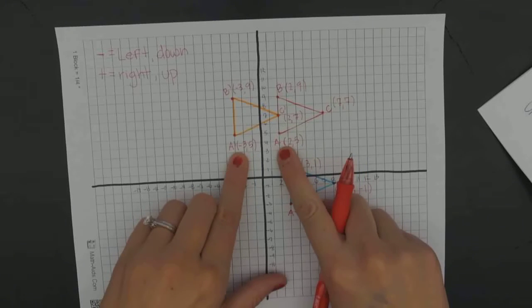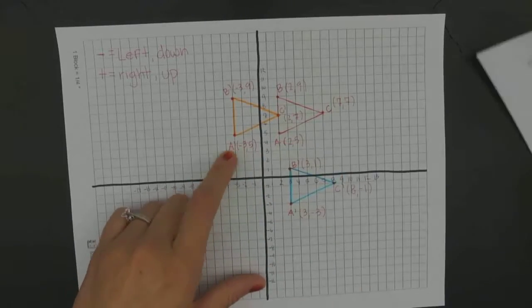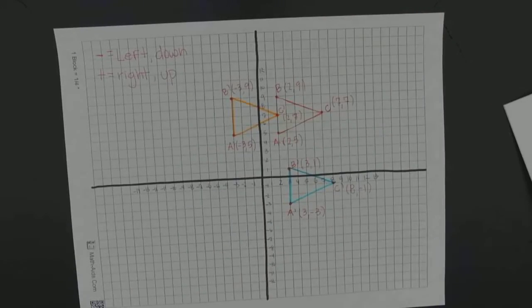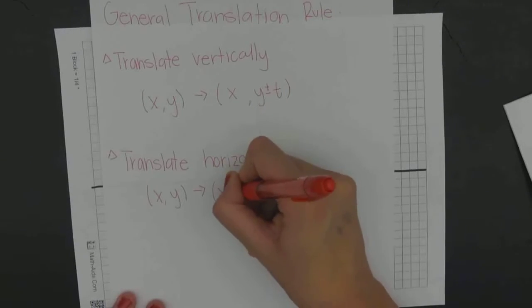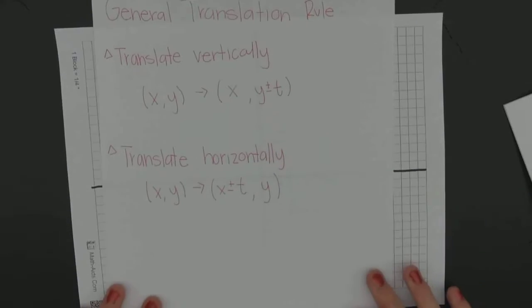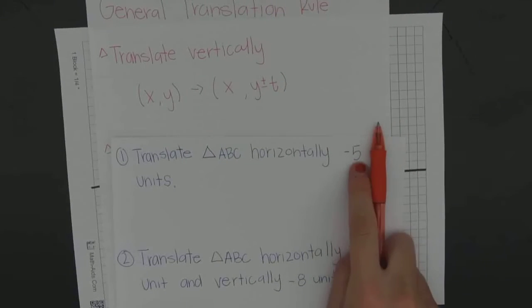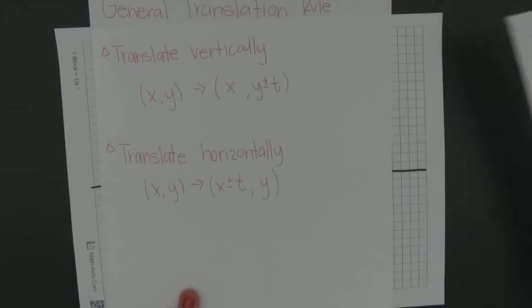The only one that changed was my X value, and I took my original number and subtracted 5 from it, because in my example it told me to translate it negative 5. So our X value changes by either plus or minusing the translation, and our Y value should stay the exact same. And this T stands for whatever the translation tells me. In this example, it's 5. In this example, it's 1 or 8, right?